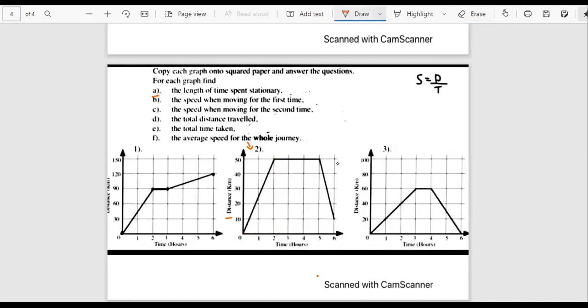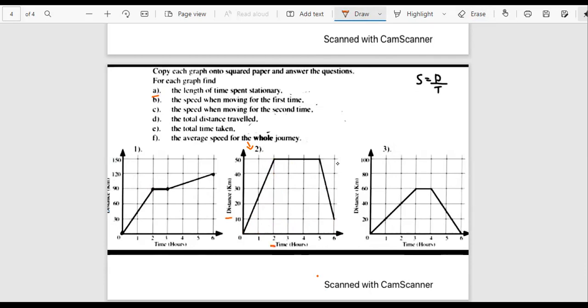Okay. The total distance traveled is basically, I'll do it. Or do you have to find the area? No, no, no. This is the distance time graph, right? You do not calculate the area for a distance time graph, okay? Because you can find the distance directly.